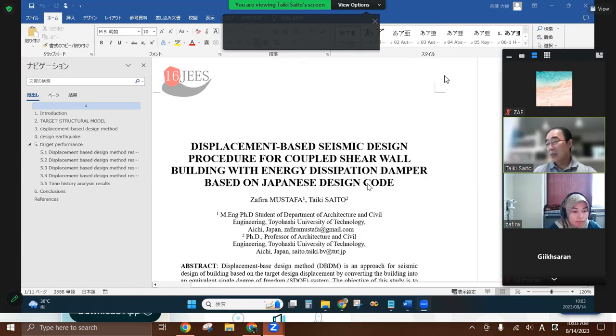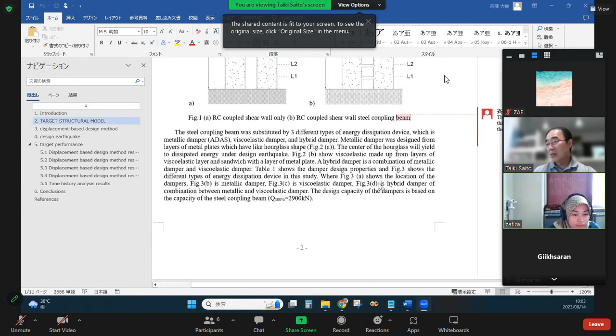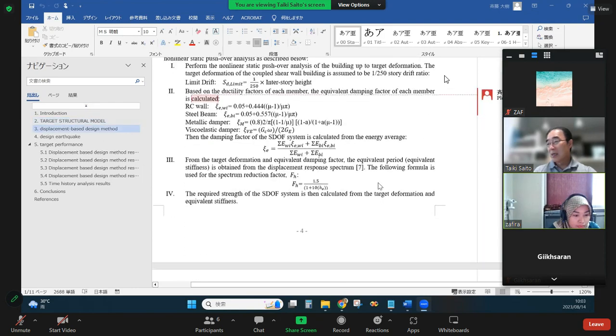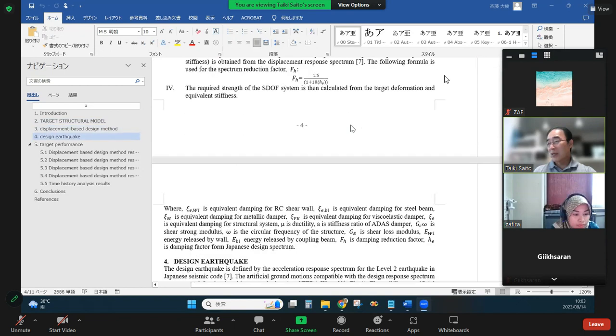So the main part is the explanation about the displacement-based design method. This is only text, no figure. So it's not so easy for people to understand.